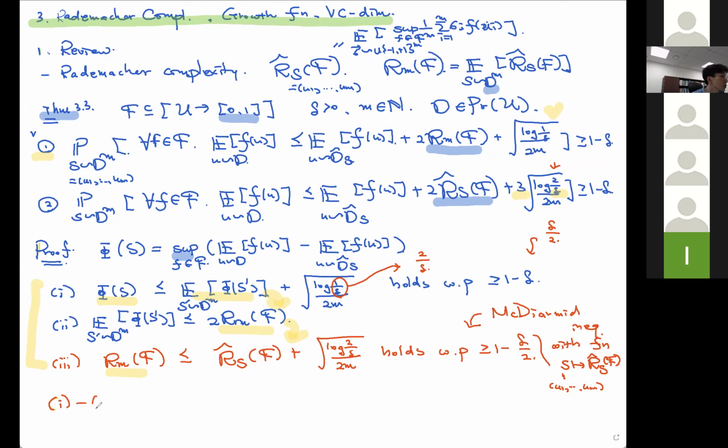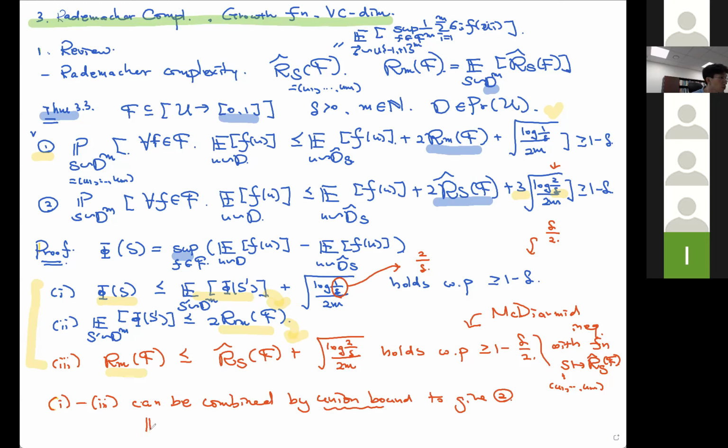1, 2, 3 can be combined by union bound to give number 2. And what do we mean by union bound? Really, this union bound statement goes like this.